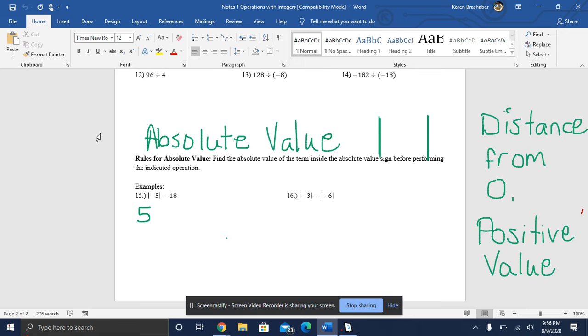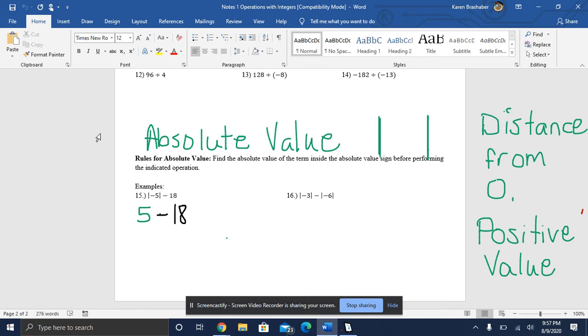Now, notice that the minus and the 18 do not have absolute values around those symbols. And so we will just bring those down. And now we're going to refer to what we talked about in our first two videos. You are actually combining a positive and a negative.